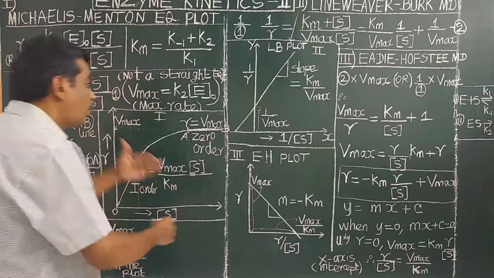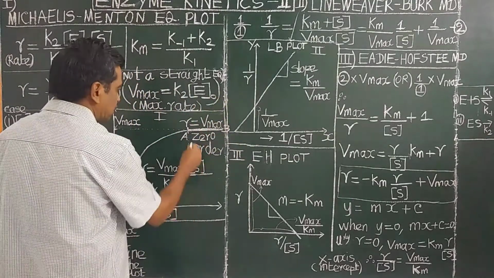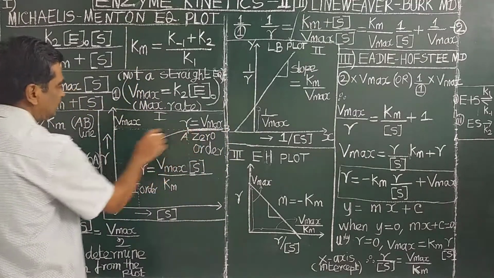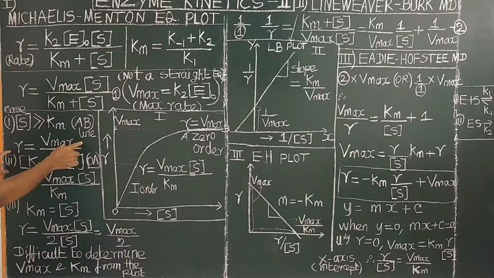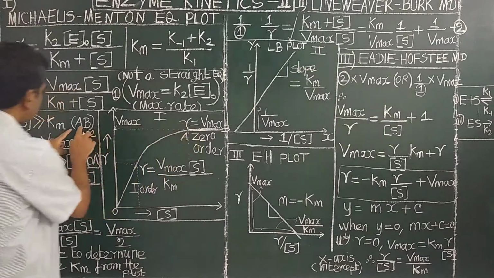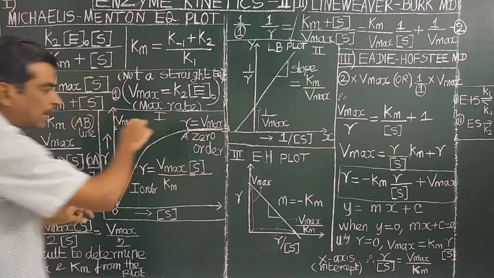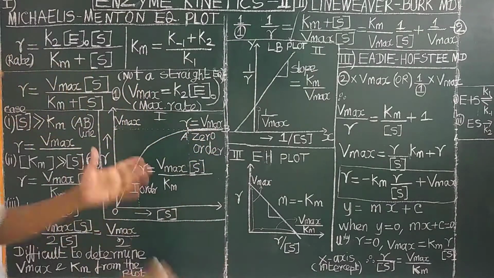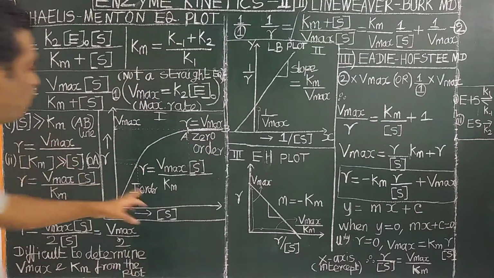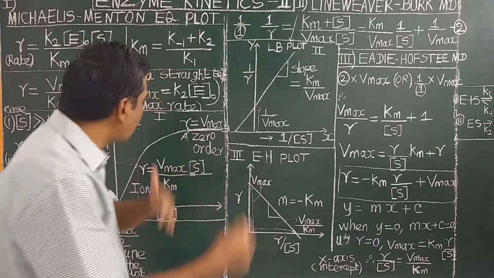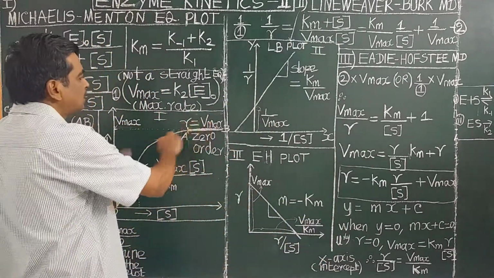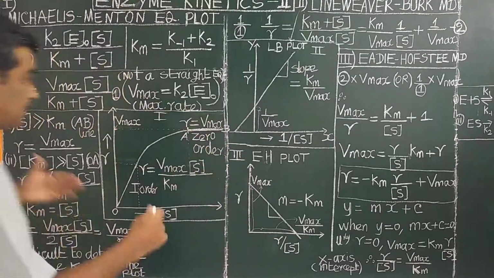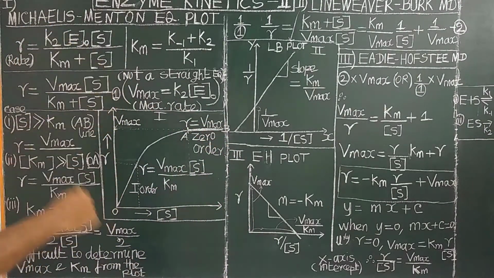Beyond A, however much you increase the substrate concentration, there is no change in the rate. Along the line AB, the rate of the reaction is independent of substrate concentration. The rate becomes constant. That is the maximum rate attained.